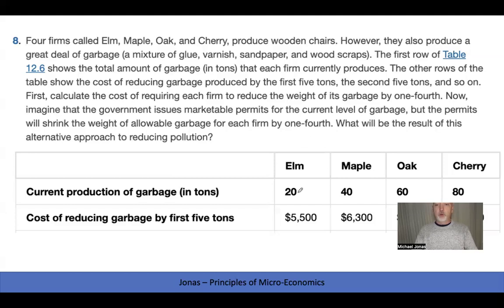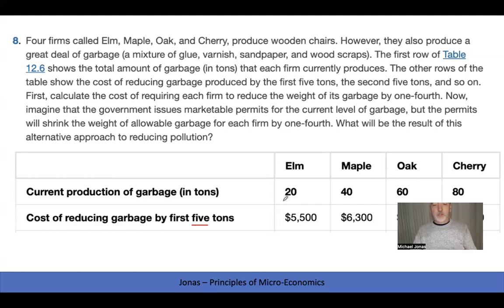Okay? So in the text, right, there is this table showing our 4 firms, their total levels of pollution production, 20, 40, 60, and 80 from left to right, elm, maple, oak, and cherry. And then underneath that, their associated cost of pollution abatement. And the other complicating factor here is that the pollution reduction costs are measured in 5-unit increments.